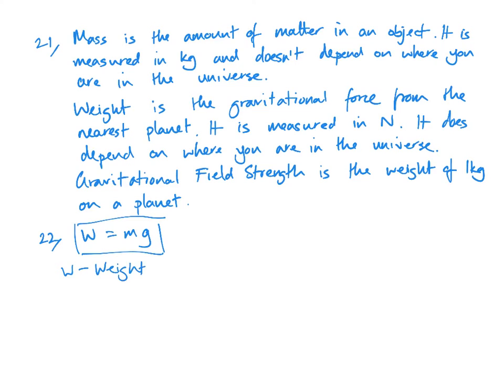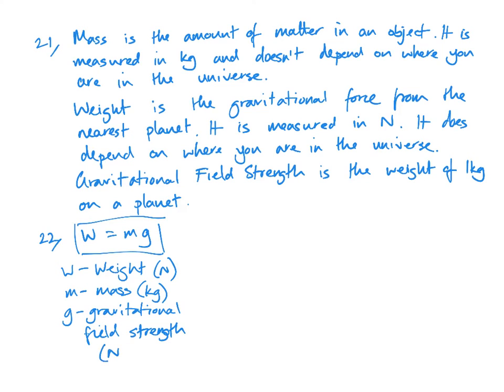Remind ourselves what all the symbols stand for. Right, and because gravitational field strength is a weight for every kilogram, its units are newtons per kilogram, right, or N kg minus 1. Remember, the minus 1 means per.